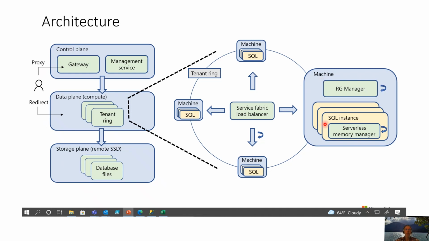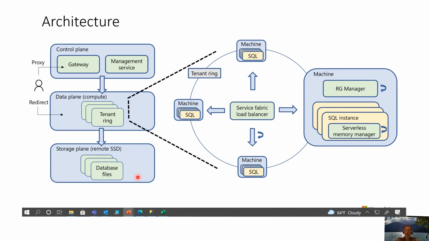And part of that resuming process involves the underlying SQL instance that contains that serverless database attaching these remotely stored database files. And at the conclusion of that process, the database is then online and able to respond to requests.